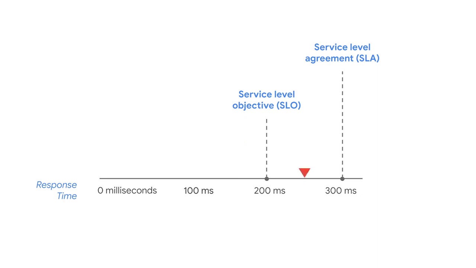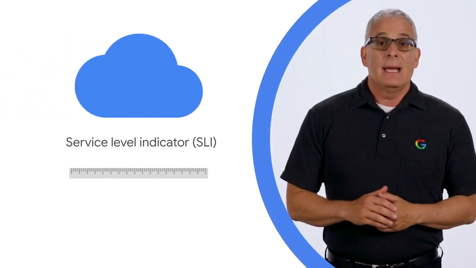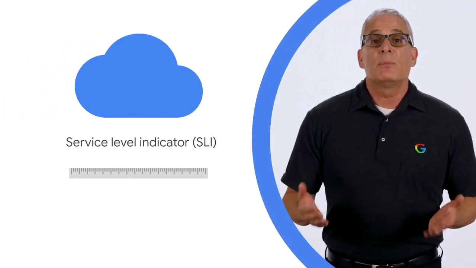If the service performance is below the SLO and above the SLA, or baseline performance expectation, it does not directly affect the end user or end customer. But it does give the cloud provider the signal to reduce service outages and increase service reliability instead of pushing out new updates. A service level indicator, or SLI, is a measure of the service provided.